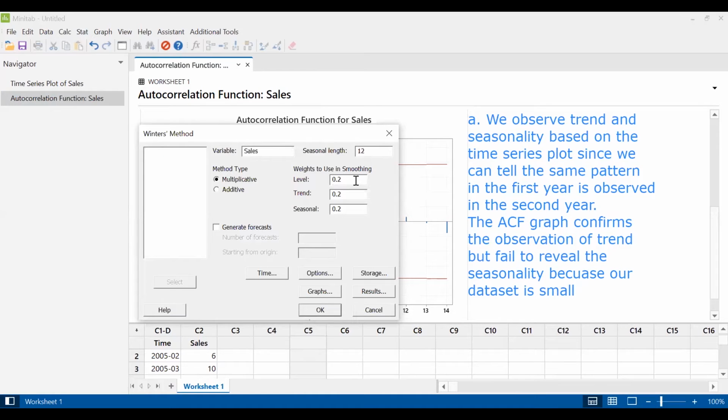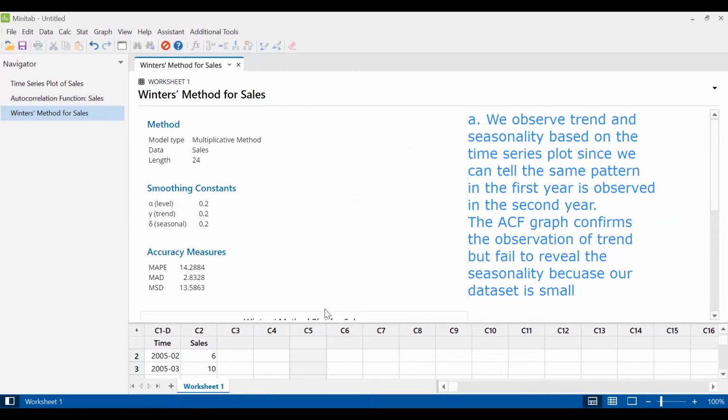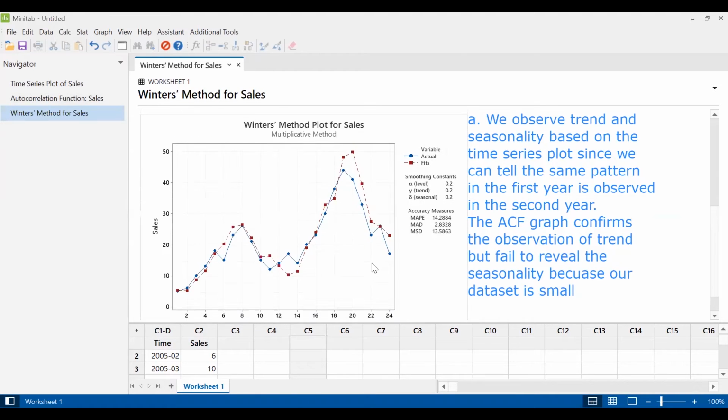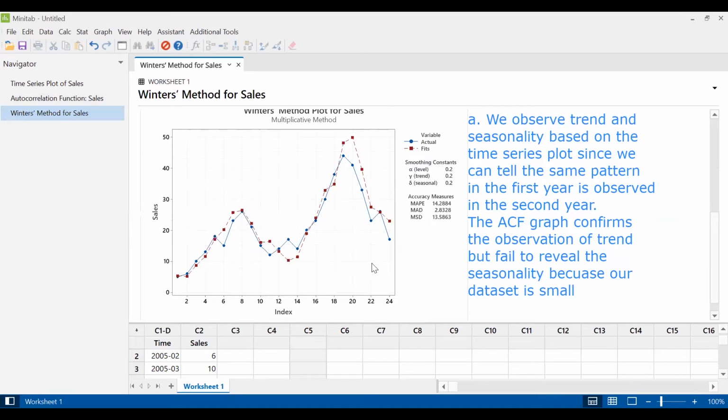We will use the multiplicative model. In terms of the levels, we can try 0.2, 0.2, 0.2, the default as a start, and change the parameters up and down to see what happens. So I'm going to click on OK. All right. And there's the Winters method model.